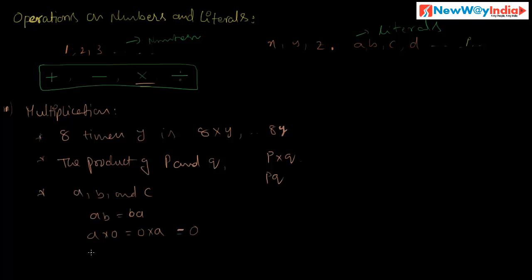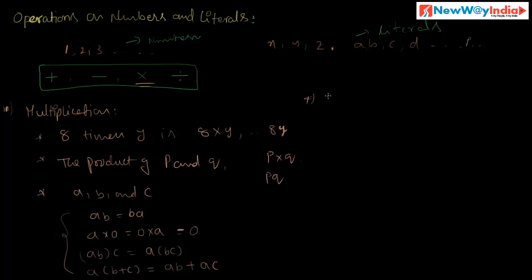Next, a into b into c is equal to a into b into c, and a into b plus c is equal to a into b plus a into c. These are some laws on multiplication, the different laws on literals using multiplication.